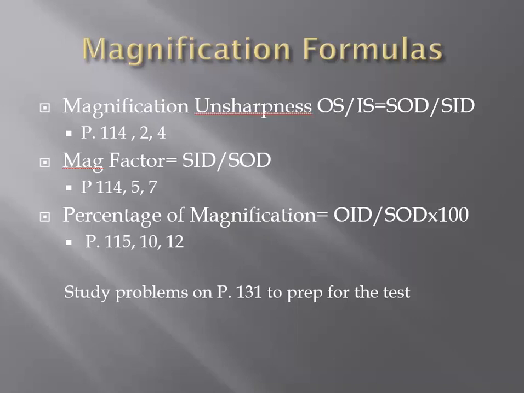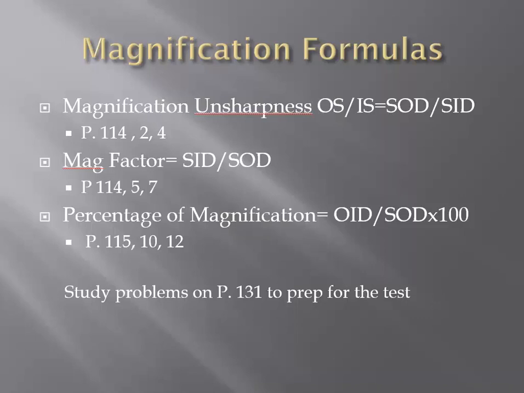If you applied that 1.2 to the 3.5 being your original object size, you're going to come up with exactly the same thing, 4.2. So you can use either formula. It just takes an extra step, and if you use magnification factor, you certainly don't want to forget to multiply your original object size by the magnification factor.